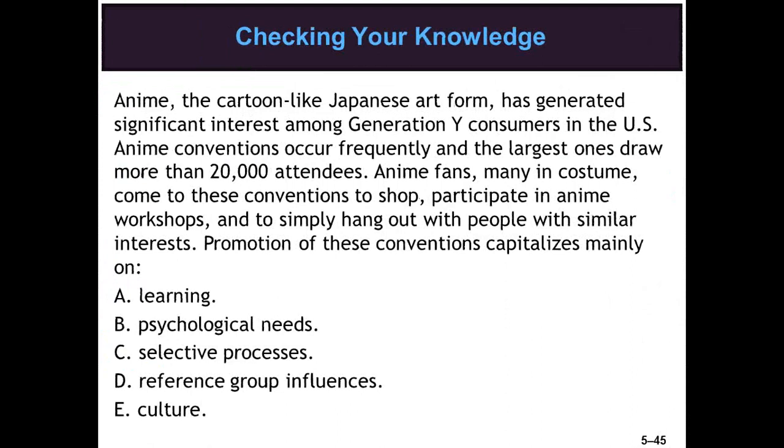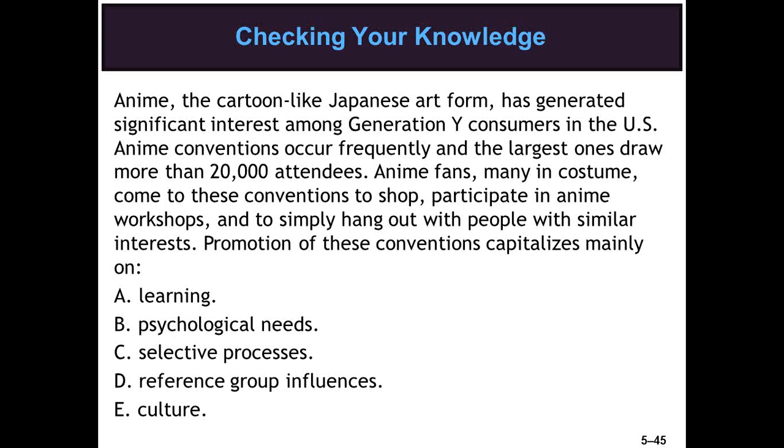Anime is a cartoon-like Japanese art form, and it's generated much interest in the Gen Y consumers in the U.S. Anime conventions occur regularly, and the largest ones sometimes have 20,000 attendees. Anime fans, many in costume, come to these conventions to shop, participate in anime workshops, and to simply hang out with people with similar interests.